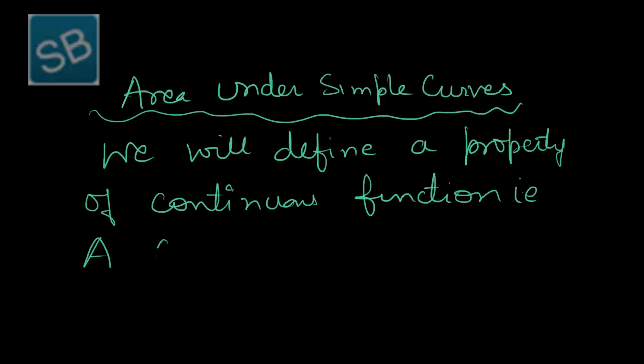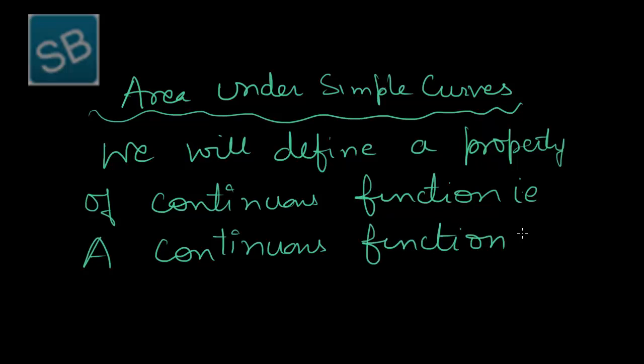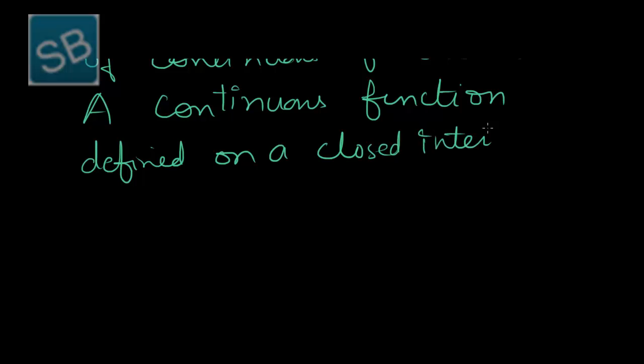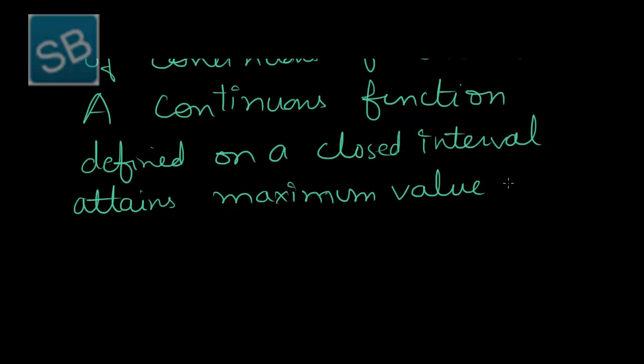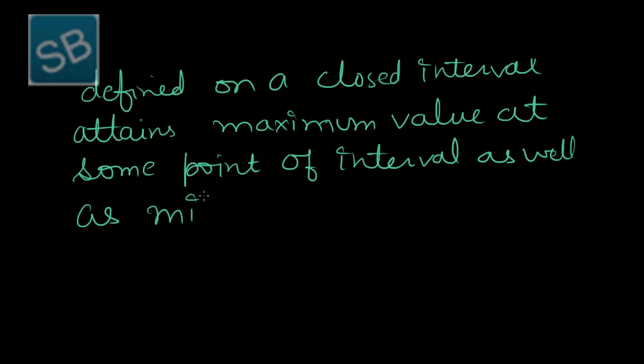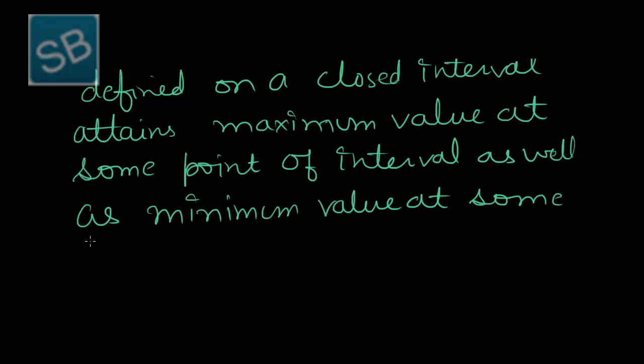That is, a continuous function defined on a closed interval attains a maximum value at some point of the interval as well as a minimum value at some point of the interval.